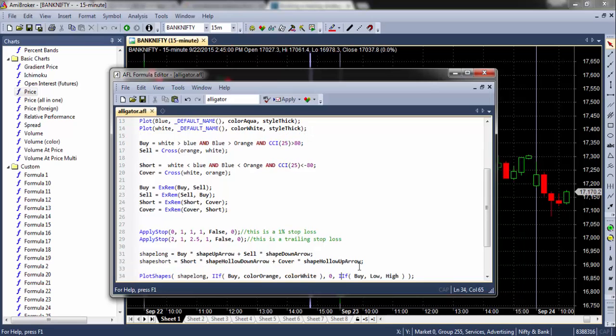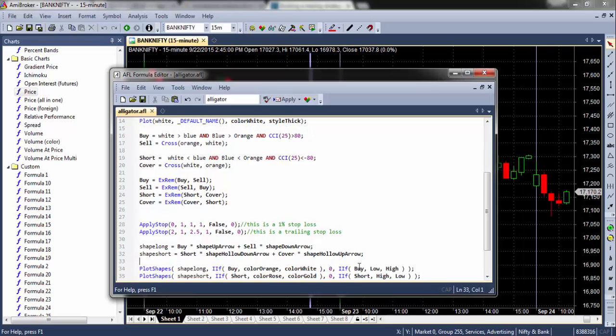Then we've got our shape longs that are done. Over here we'll have to code another shape short also, because unlike our previous indicators where a buy was the same as cover and a sell was the same as short, over here buy and short are going to happen differently.